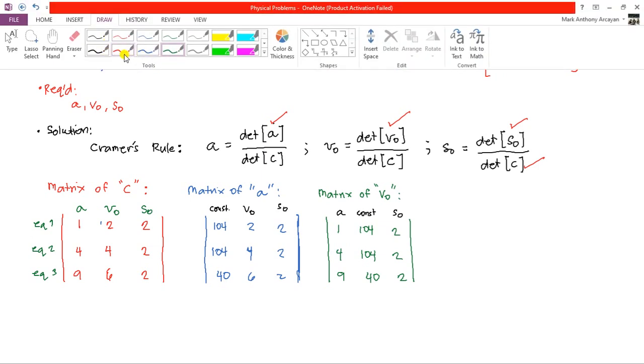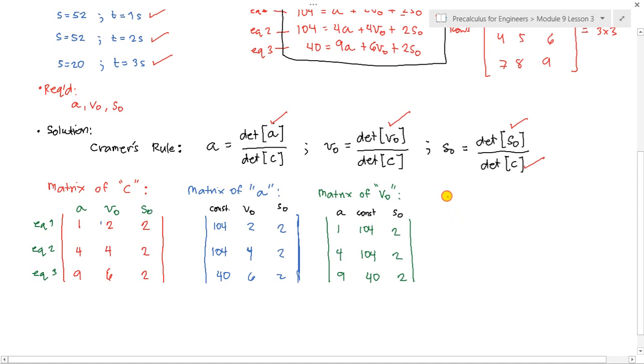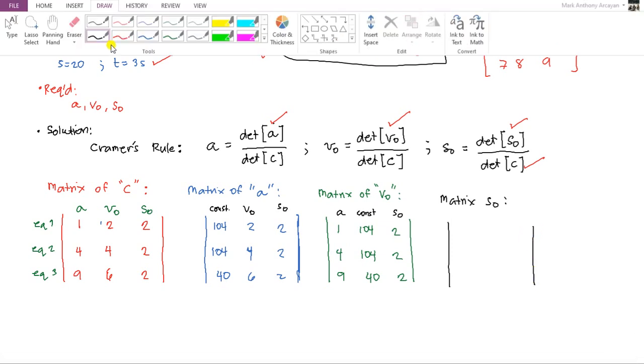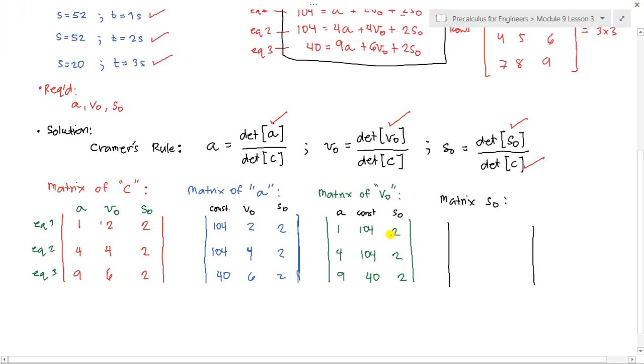And then finally, ato na ilisdan og lain nga color. Matrix for the height, so matrix for S naught. So this time, ang ato na pod tanggalon dire is ang column sa S naught, ato i-replace sa constant.